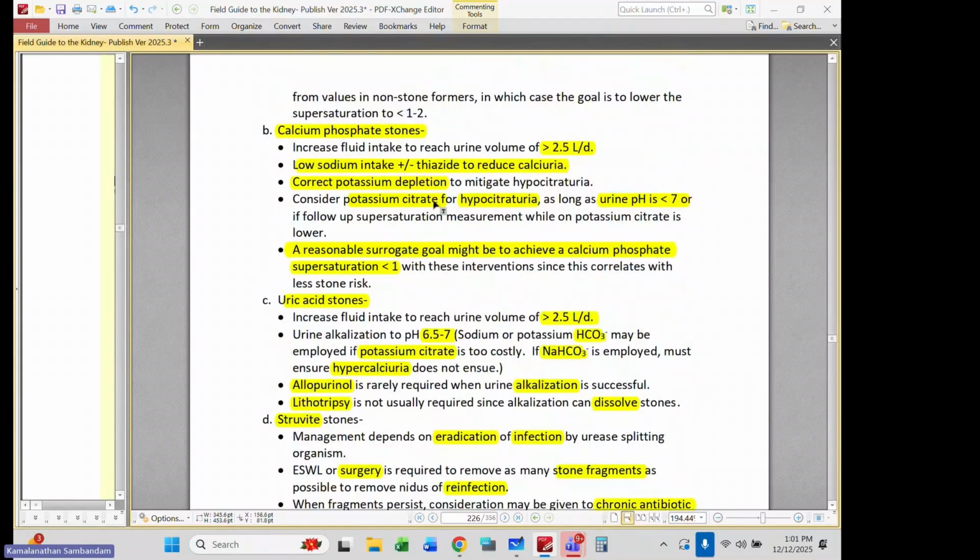I should add here, because I've even used it and it is in the literature, certain scenarios of calcium phosphate stones may be treated with acid loading. So people have published it using methionine supplements to try and lower urine pH. Okay, methionine is a sulfur-containing amino acid, which is an acid load.